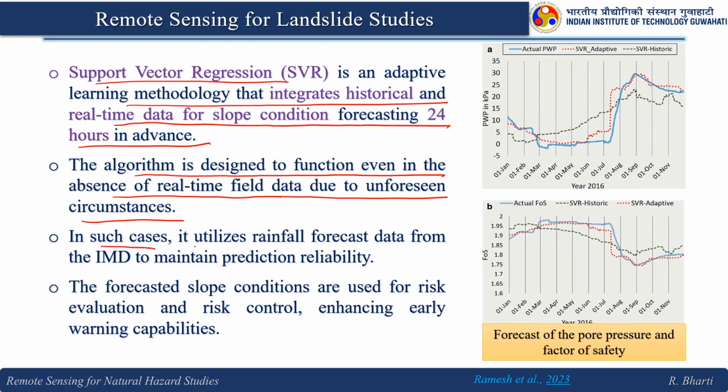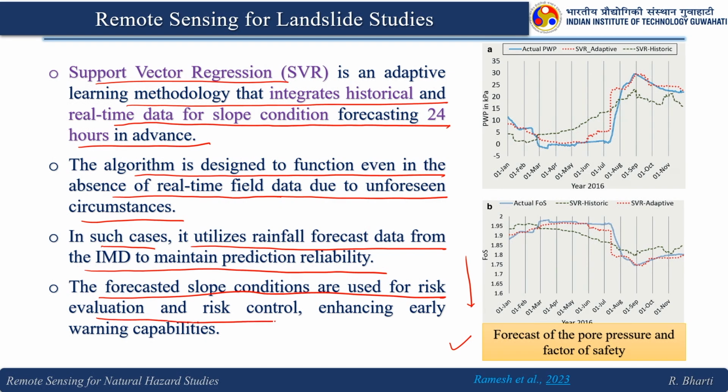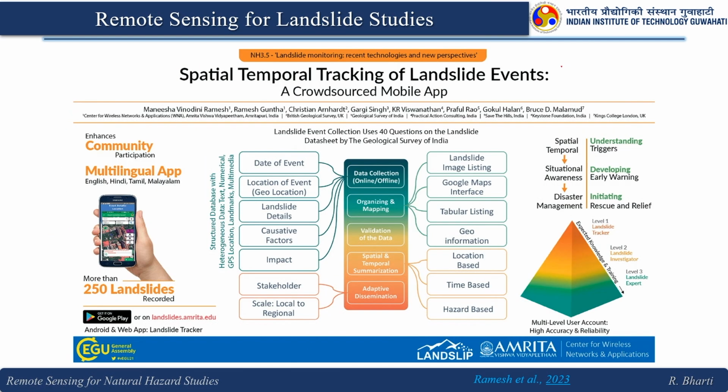In such cases, it utilizes rainfall forecast data from the IMD to maintain prediction reliability. So, they are also parallelly taking the input from IMD. The forecasted slope conditions are used for risk evaluation and risk control, enhancing early warning capabilities of that system. This is their website, so you can refer to that, and this app is also available in Google Play, so you can try that.